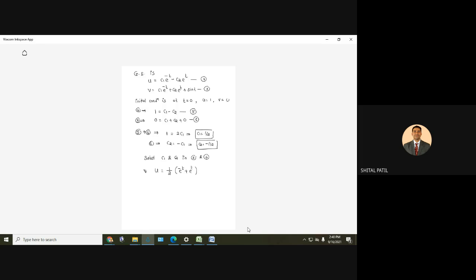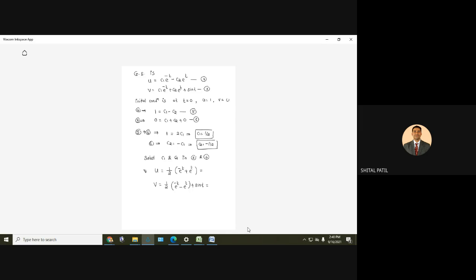In fact, if you remember this, e raised to t plus e raised to minus t divided by 2 is the formula of, does anyone remember? Sine hyperbolic function. Very good, very good.